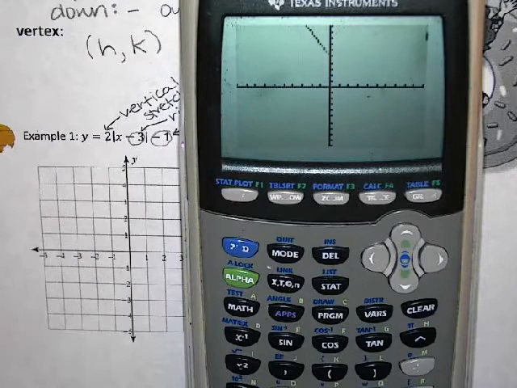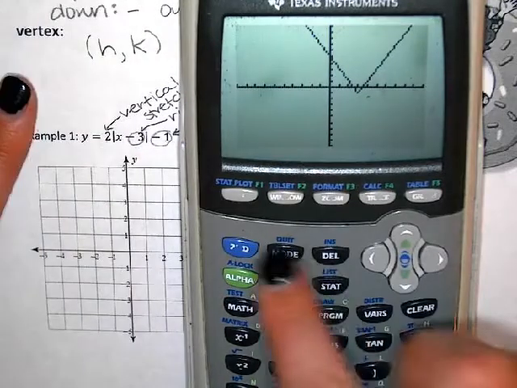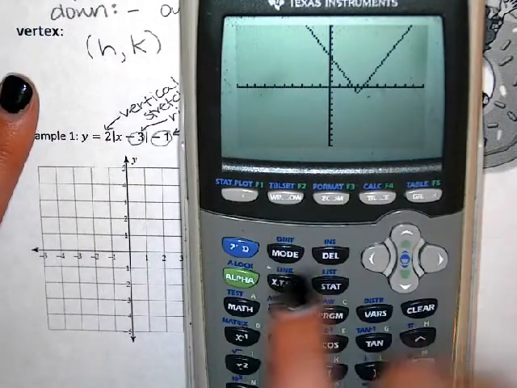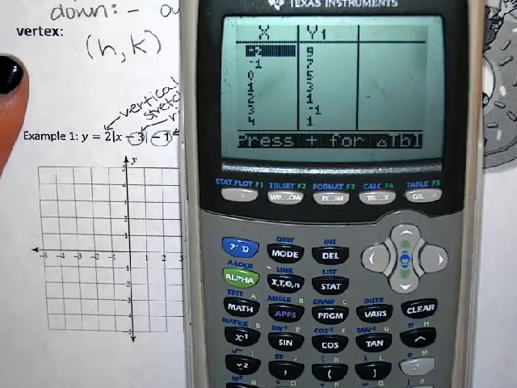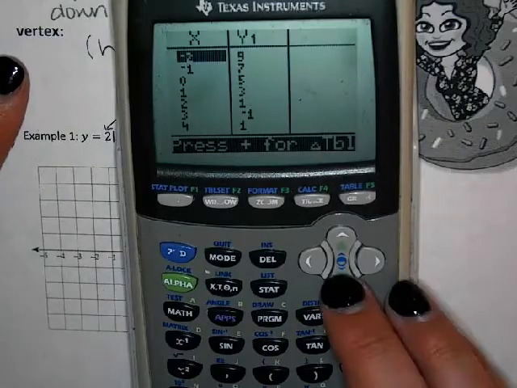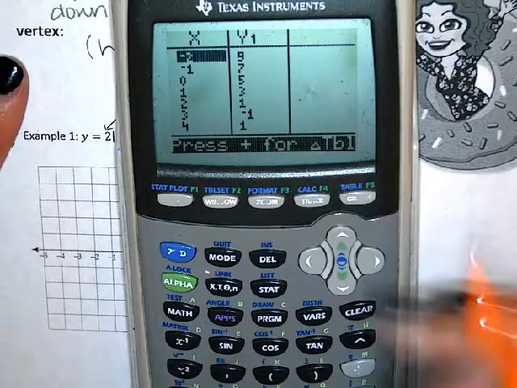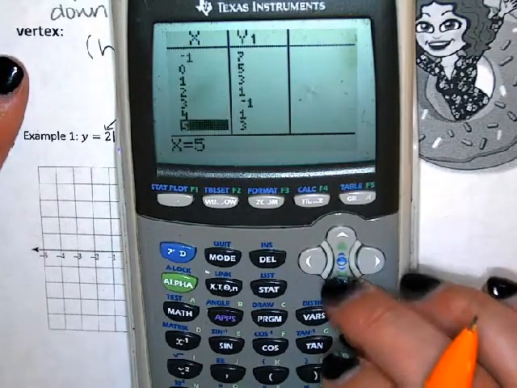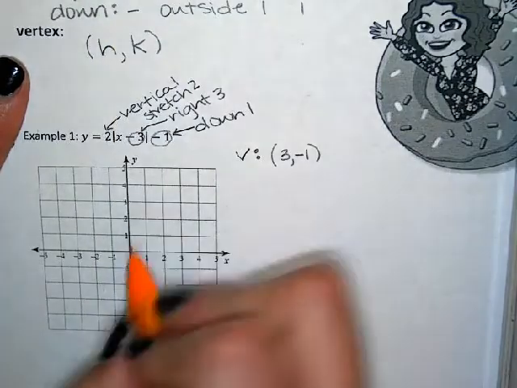So there is my picture, and so now what I'm going to do is look at the table so I can get some points to graph to make this easier. So second graph. And the point that I'm going to look for is the vertex, 3, negative 1. And when I get there, I want that point, and then I want 2 points above it and 2 points below it. So I always just want to get 5 points. So 3, negative 1 is the vertex, over 3, down 1.